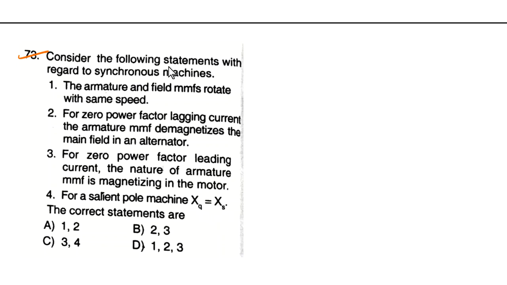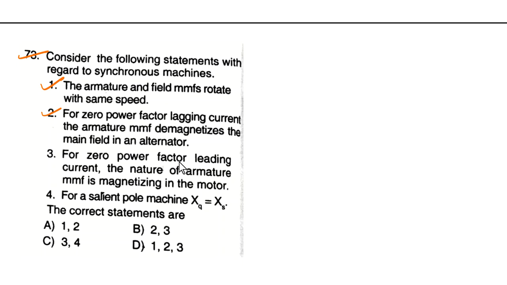So the answer for this question here: the armature MMF and field MMF rotate at the same speed in the synchronous machine. So this statement is correct. Okay. For zero power factor lagging current, the armature MMF demagnetizes the main field flux in the alternator. So this statement also is correct here. The first statement and second statement are correct.